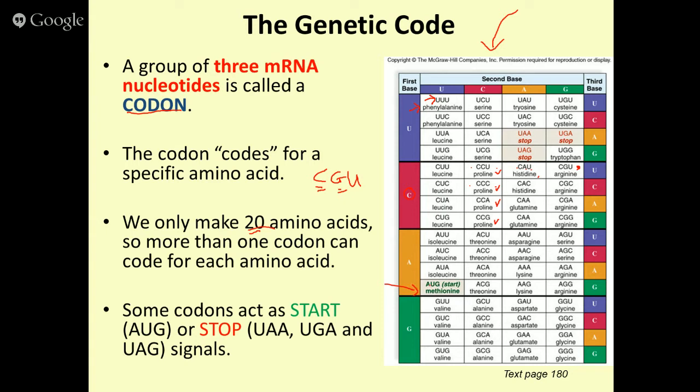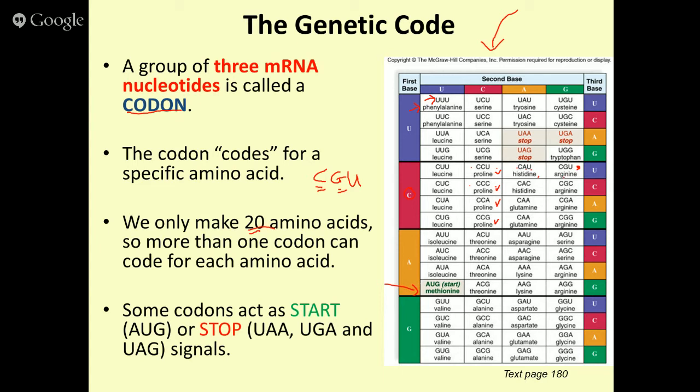When you see AUG on your messenger RNA, that's where you start building your protein. The first amino acid that always goes in every polypeptide is going to be methionine, because that's the amino acid that the start codon codes for. So AUG is your signal that you should start adding amino acids and building your protein here.